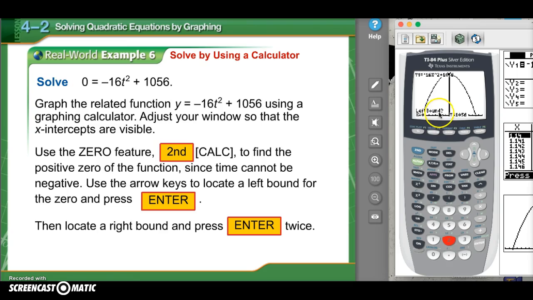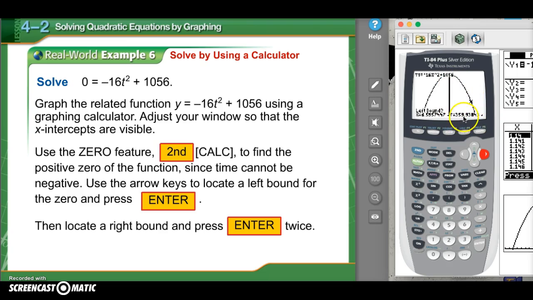It's going to ask you this question down here, left bound. You want to take your cursor and scroll. It's moving kind of slow. Basically, you just want to scroll until you're somewhere to the left of where you know it crosses the axis. Right now I know I'm somewhere to the left because I can see I'm above the axis.